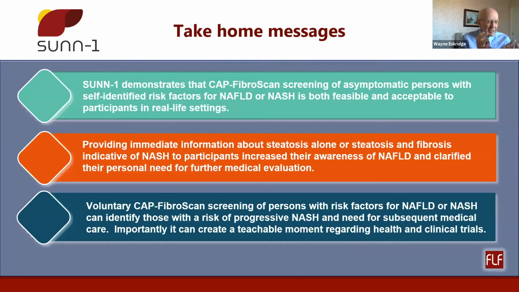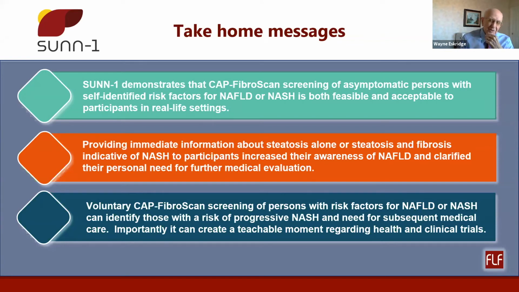We demonstrated that people are willing to be tested, that it creates a teachable moment, that it gives us the ability to educate people, that it can be an effective tool. So we were very pleased with the study, and our plan was to follow that with what we called Sun 2, which was supposed to do this study with 20,000 people, but COVID blew that completely out of the water.